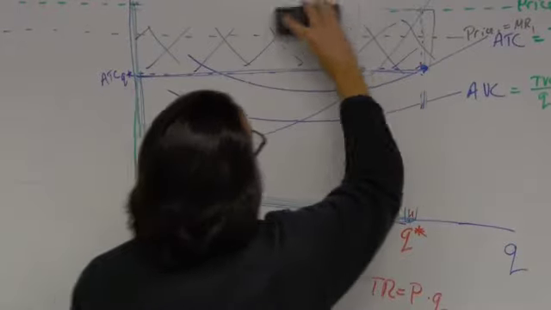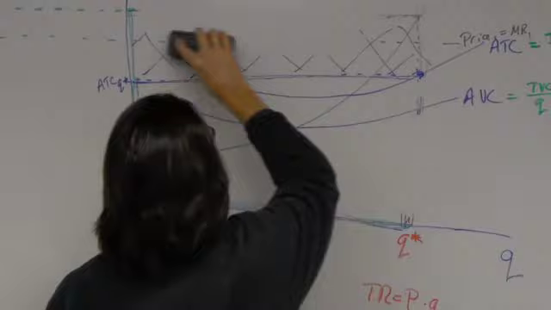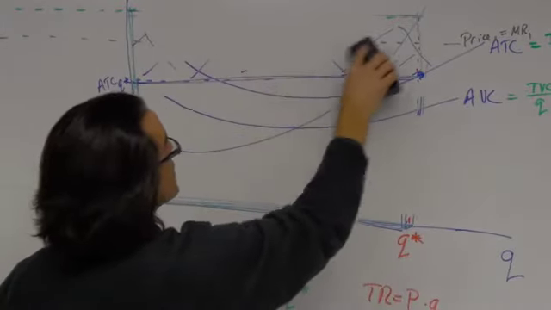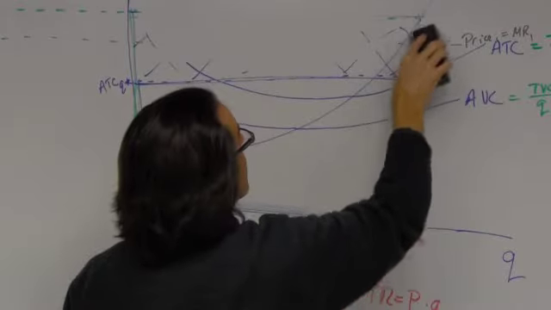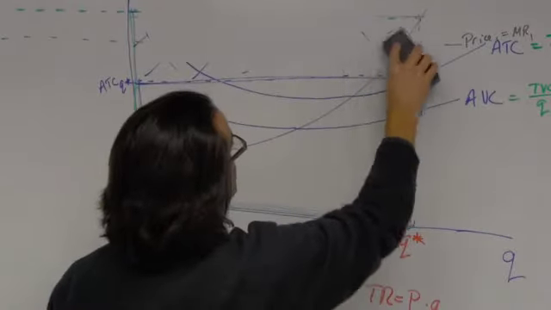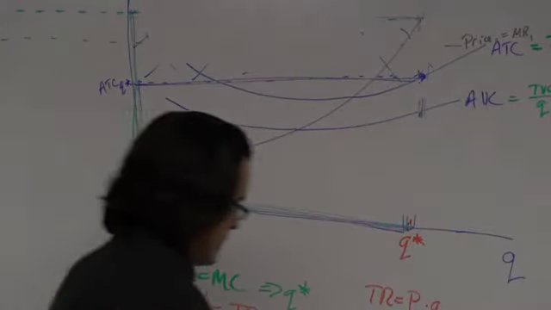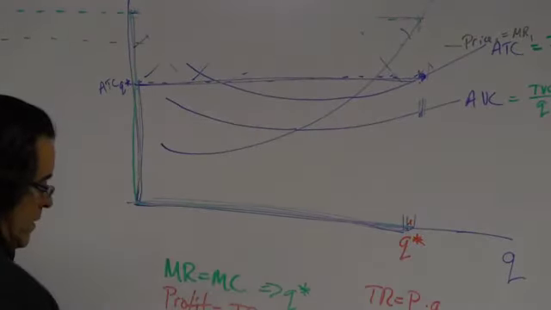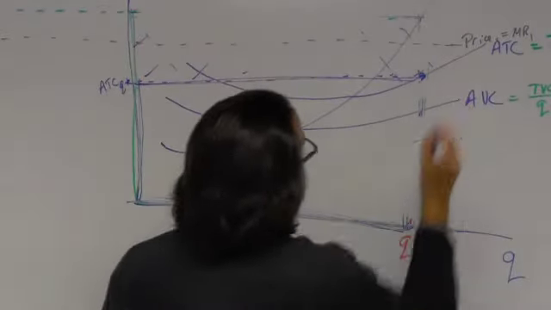So we'll erase our old price. We've got to keep our cost curves. The cost curves are the same as they always were before. I redo the price. So we had the price, okay?